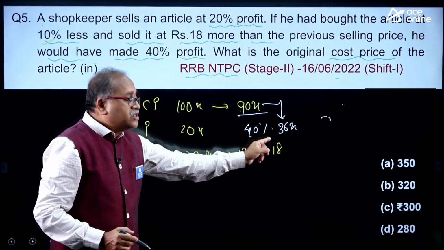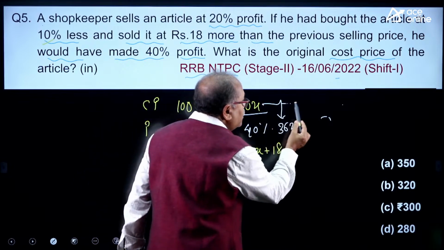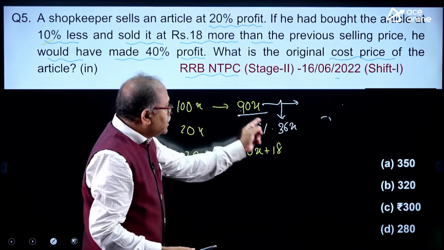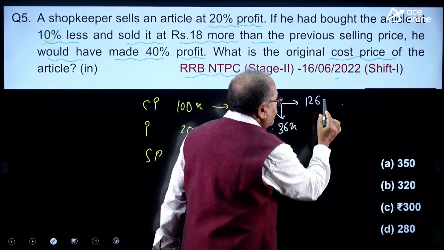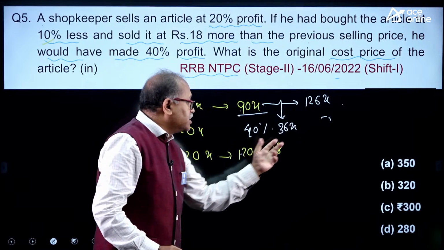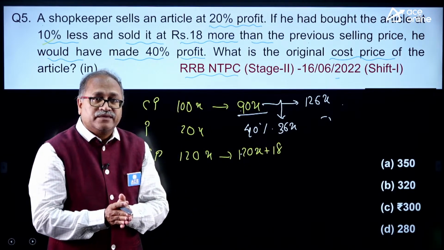Now, the cost price plus profit is the selling price. So, what is this total? 90x plus 36x, and that comes to 126x. Am I right? 126x is equal to 120x plus 18.